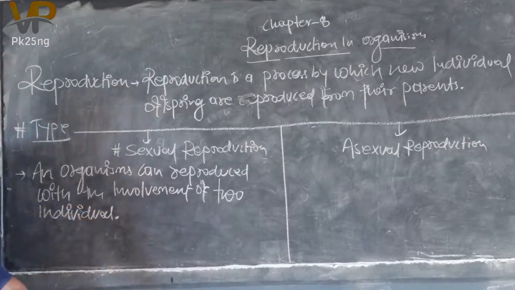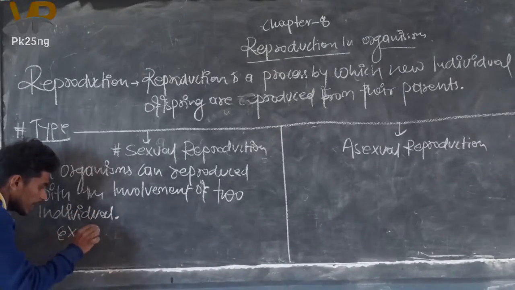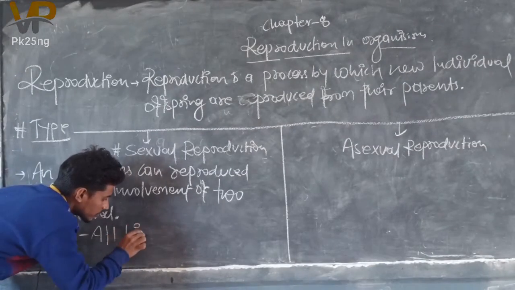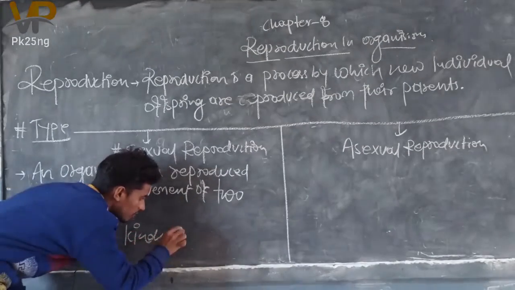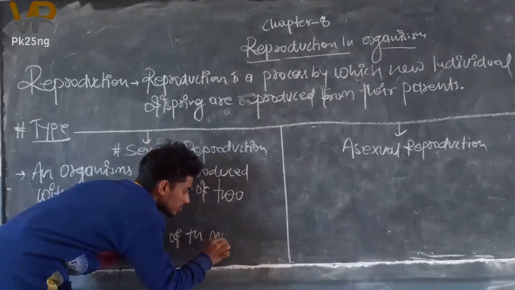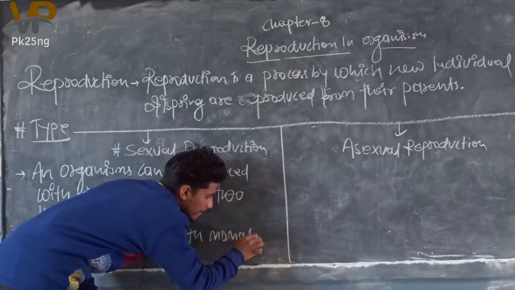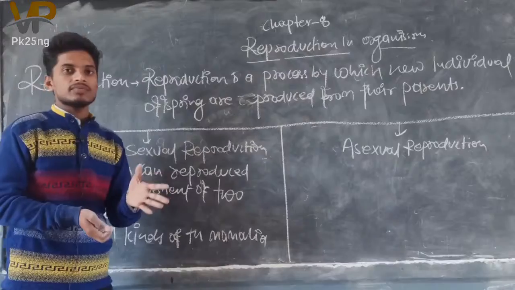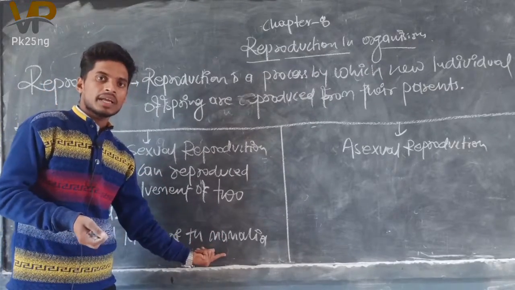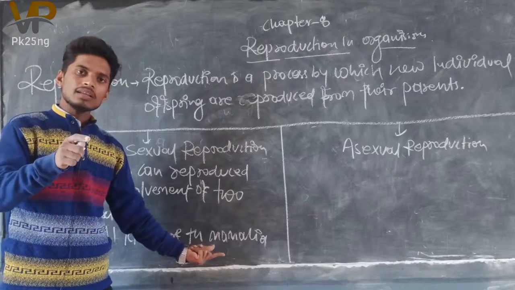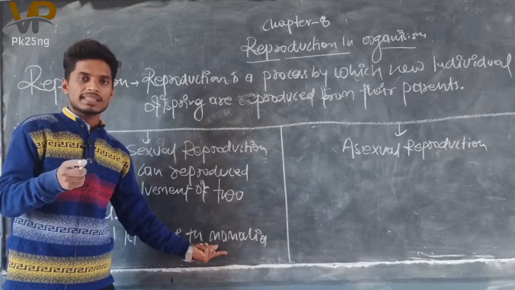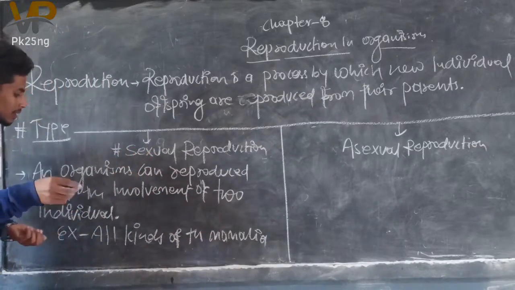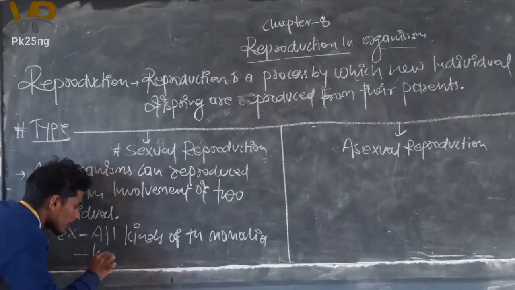Now take an example: all kinds of mammalia. Most organisms that come under the mammalia group show sexual reproduction, and human beings as well.